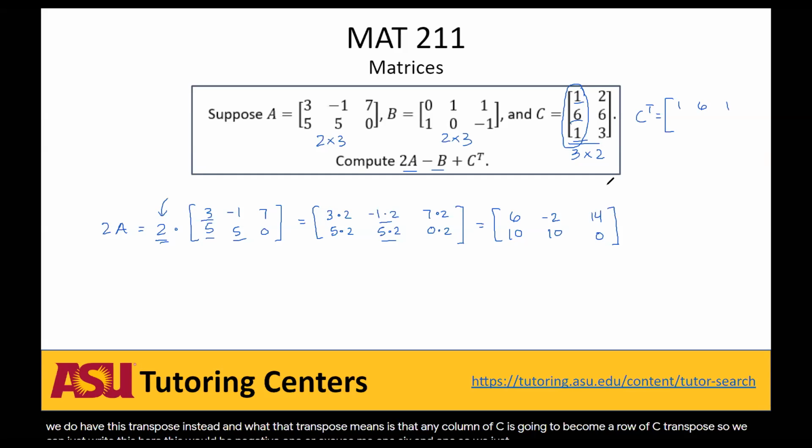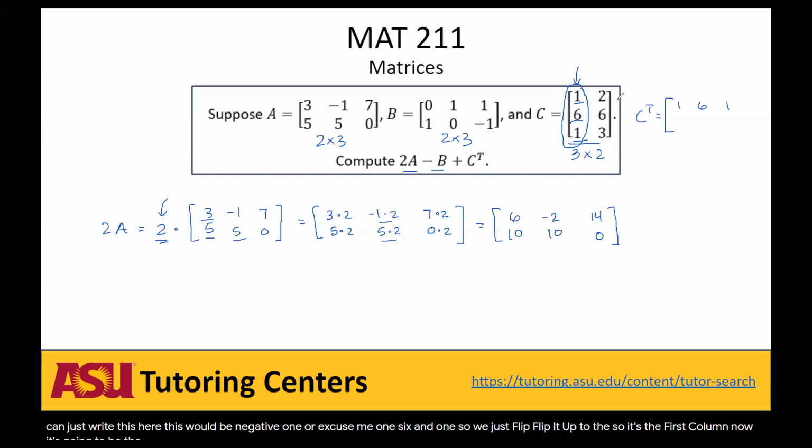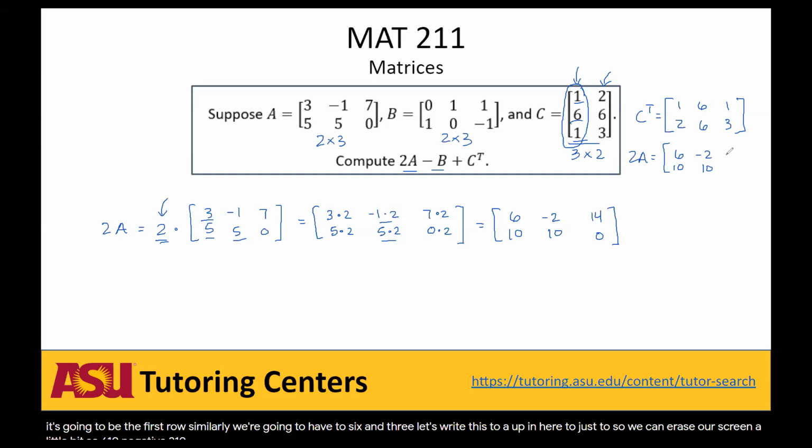So we just flip it so the first column is now going to be the first row. Similarly, we're going to have 2, 6, and 3. And then let's write this 2A up in here too, just so we can erase our screen a little bit. So 6, 10, negative 2, 10, 14, and 0 there.